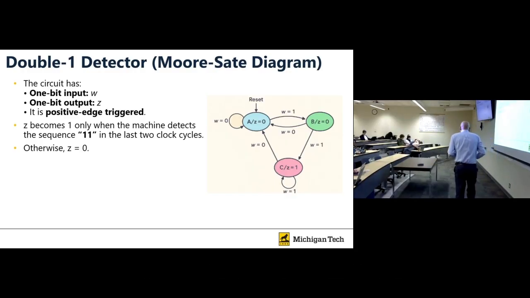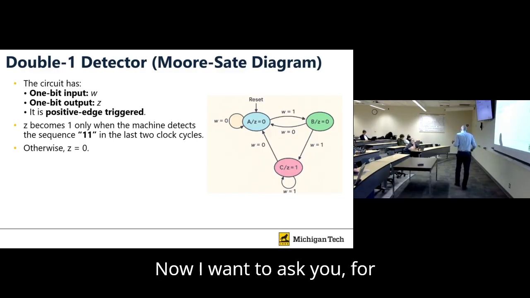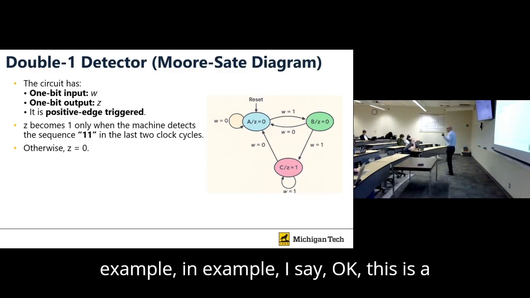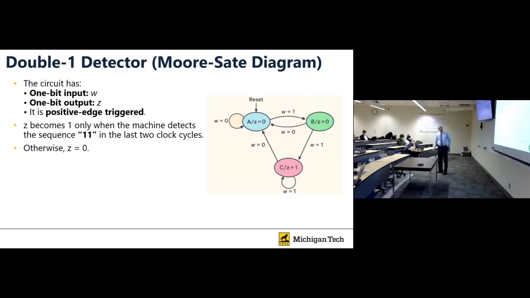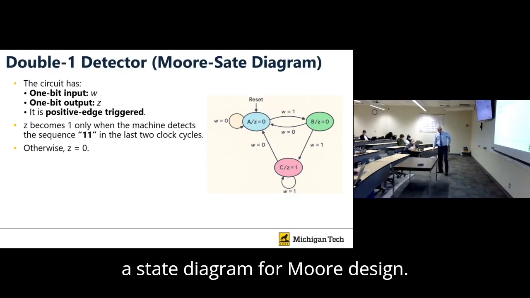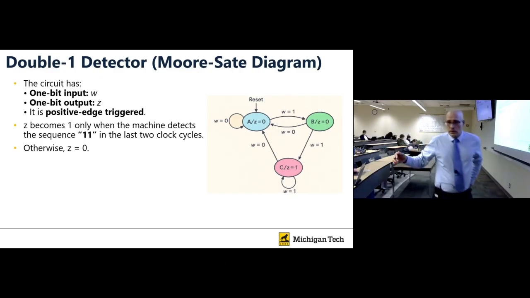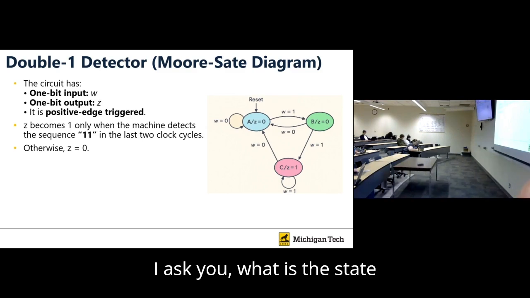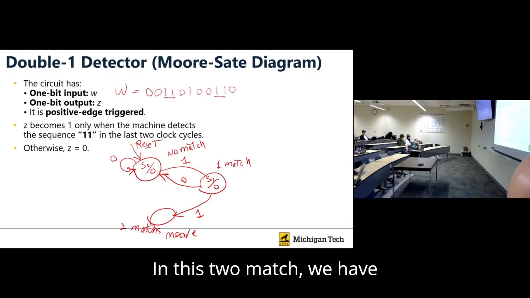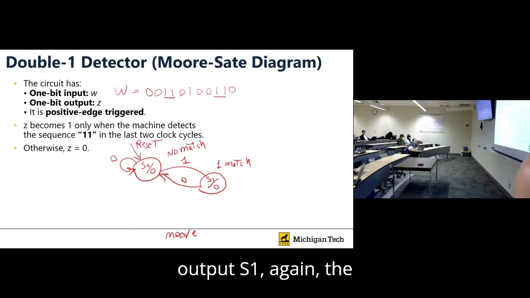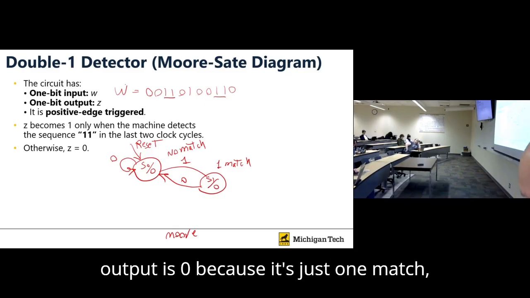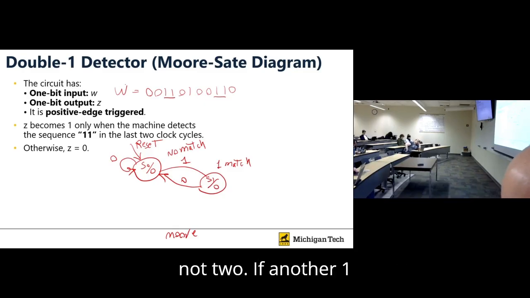Now I want to ask you, for example, in an exam, we say, okay, this is a state diagram for the Moore design, and you do the Mealy design. What is the state diagram for the Mealy machine? In these two match, we have output 1. Again, the output is 0 because it's just 1 match, not 2.